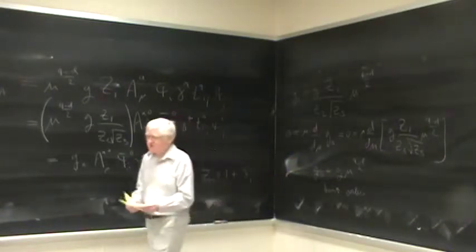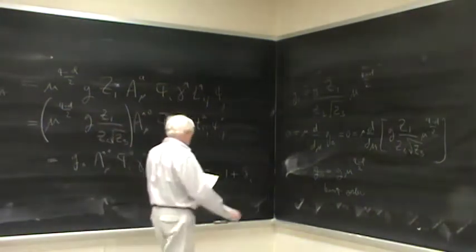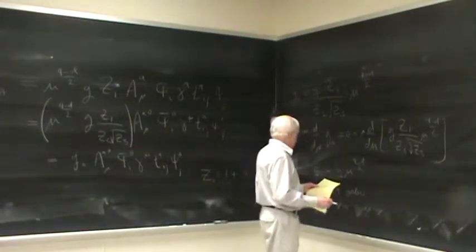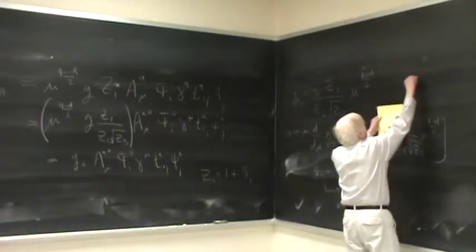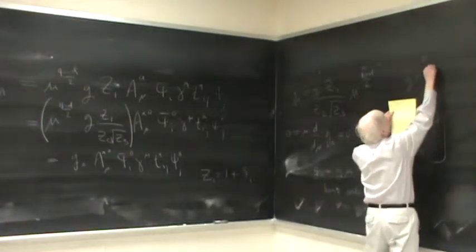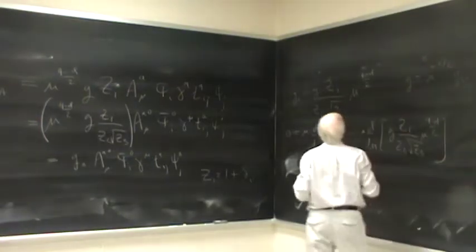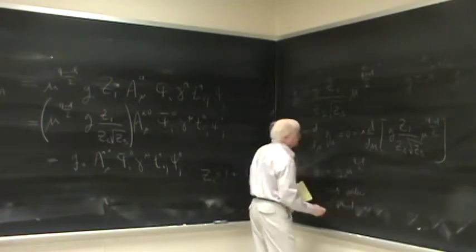Now I think I'll skip to my other notes. If we write it this way, then we see that g to lowest order is mu to the minus epsilon over 2 times g0. Epsilon, of course, is 4 minus d.